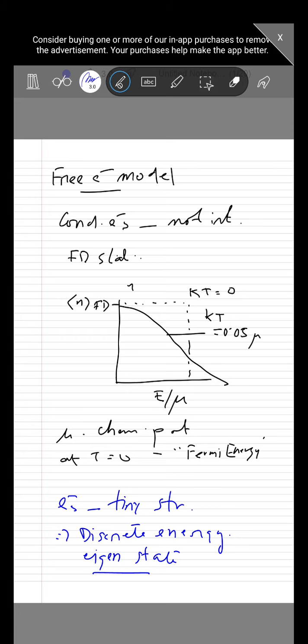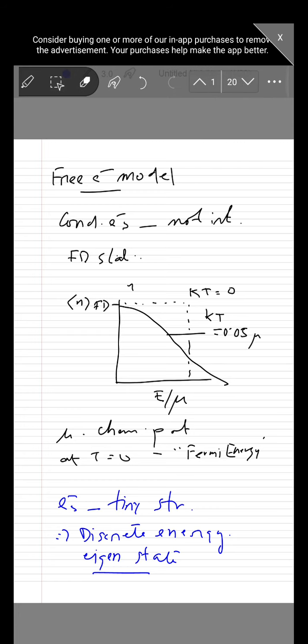Now, as we know that Ohm's law is not applicable, does that mean that electrons will not have any resistance? Actually, it's not so.